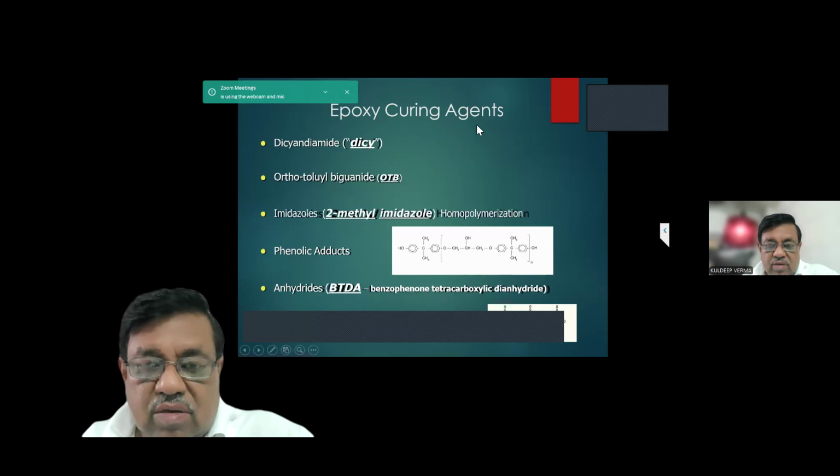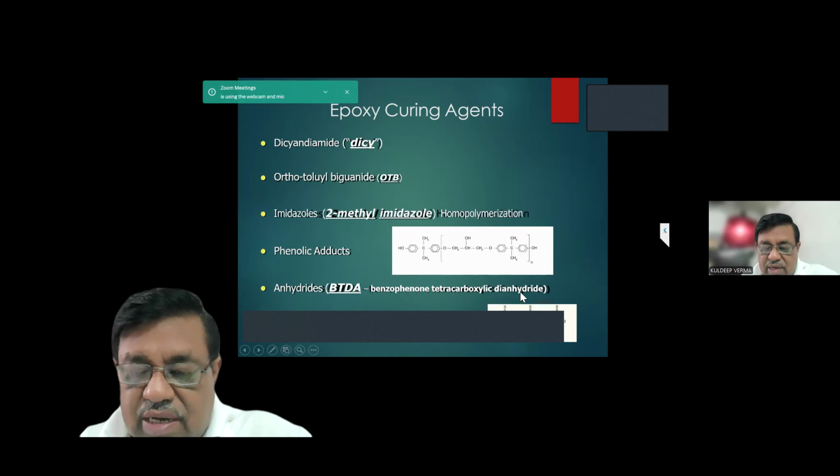The main curing agents or hardeners are dicy, ortho-tolyl biguanide, imidazoles, some accelerated imidazoles, phenolic adduct, anhydride, and BTDA, benzophenone tetracarboxylic dianhydride.